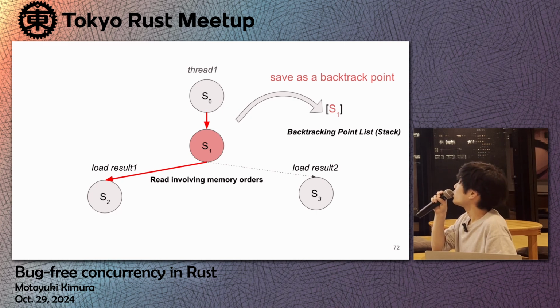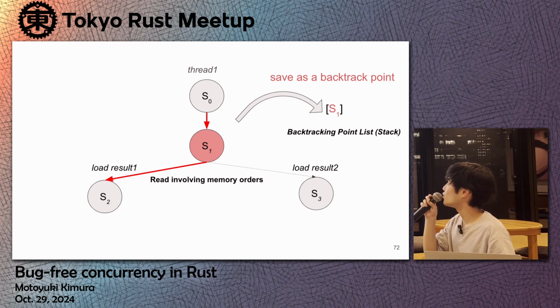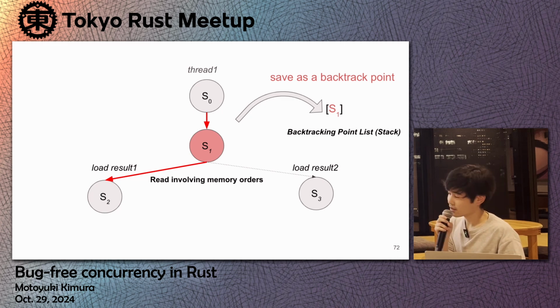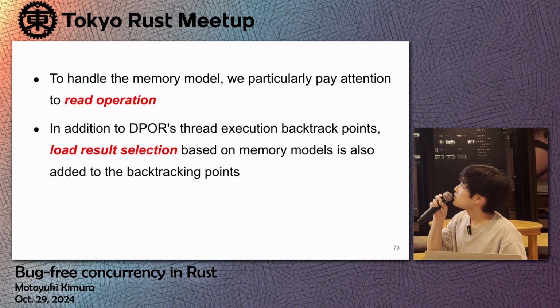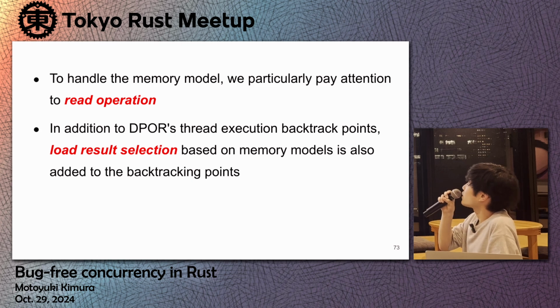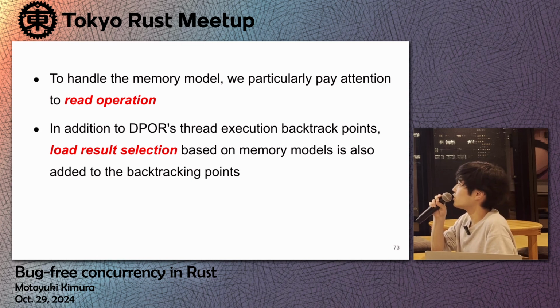By doing this, we can naturally extend the DPOR algorithm to adapt to this memory ordering complexity. To handle the memory model, we particularly pay attention to read operations. More specifically, in addition to DPOR's thread execution backtrack points, load result selection will also be considered.